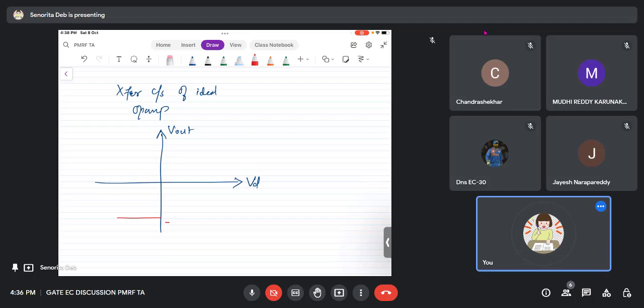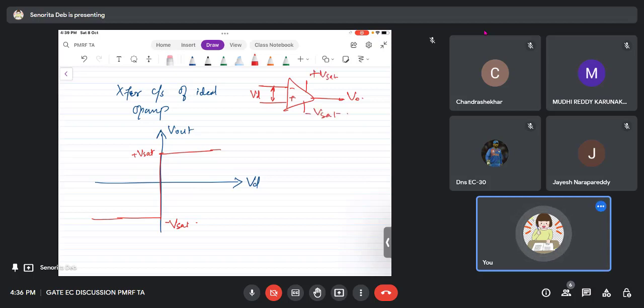From below 0 values, it will saturate at minus Vsat, and for positive values, it will saturate at Vsat. This is your ideal characteristic, because you saw that the symbol was like this. Whatever input difference Vd you give, the output is V out, and the maximum voltage that the op-amp will reach is plus Vsat or minus Vsat.